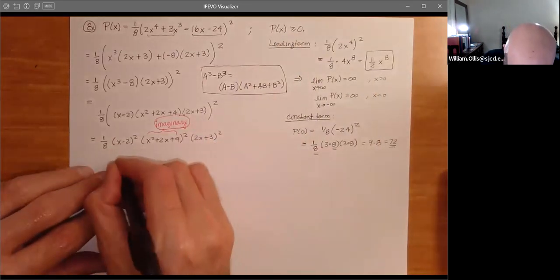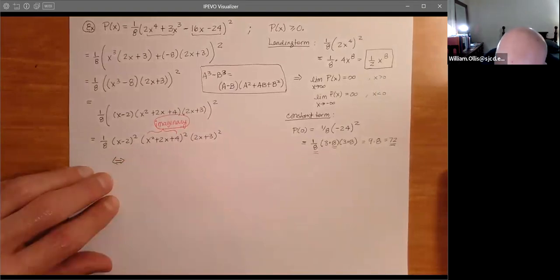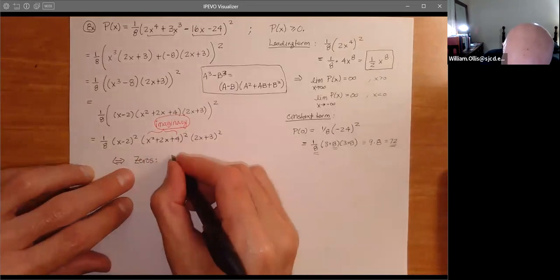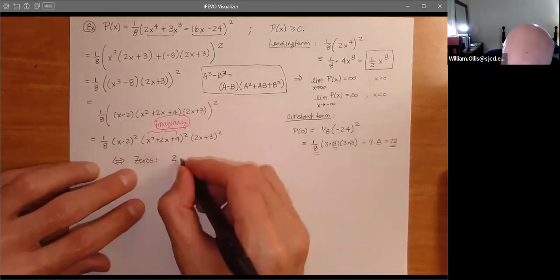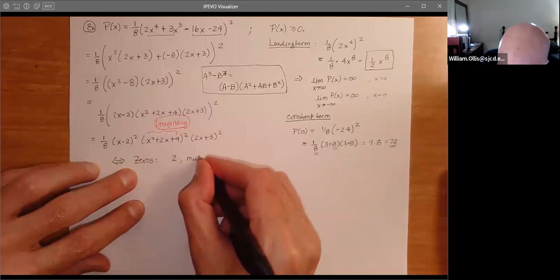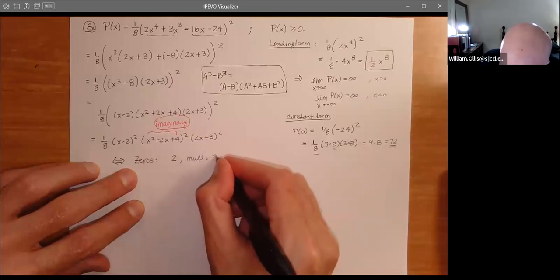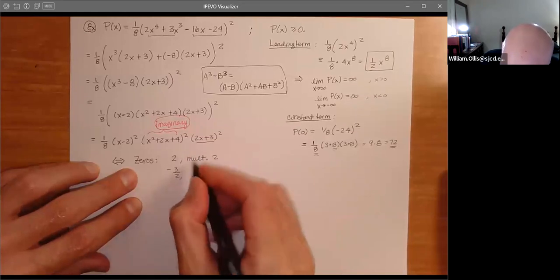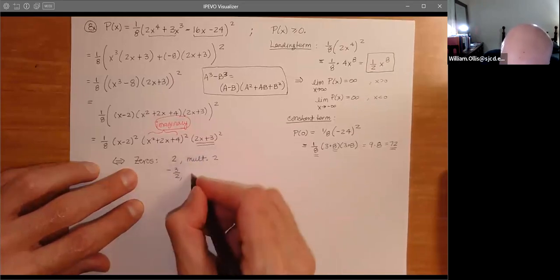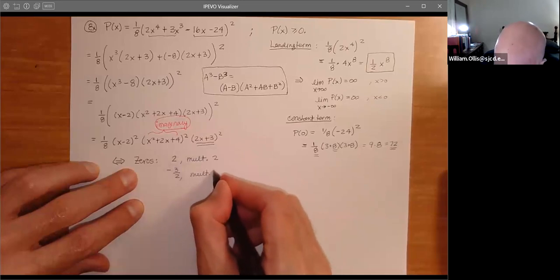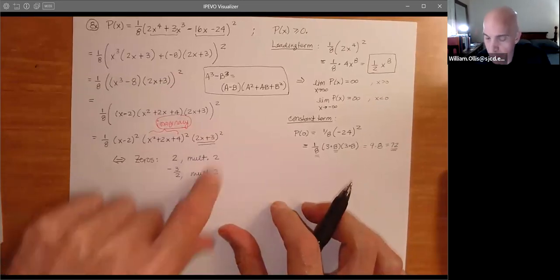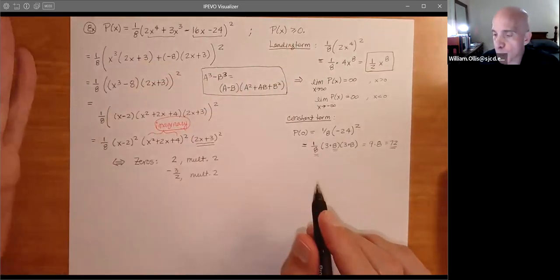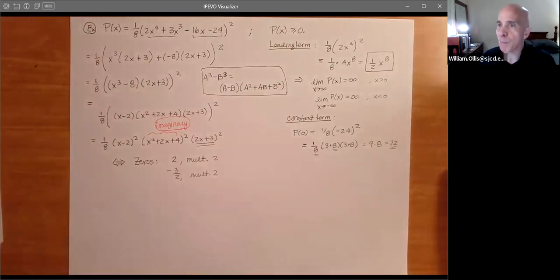So now we can say equivalently, the zeros will be 2, and we'll say multiplicity 2. And then, of course, here we get a -3/2 by zero product of multiplicity 2. So again, this now supports the fact that the function's non-negative. So you can look at this problem and say this kind of gives us a little bit of everything.